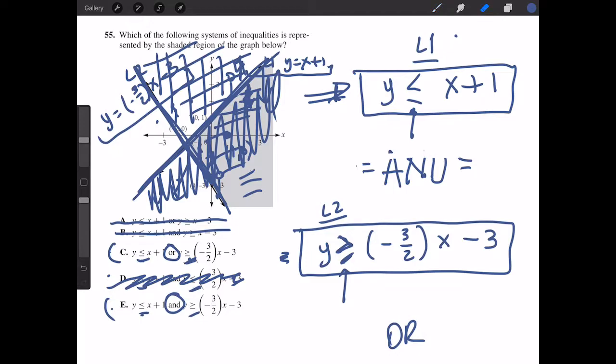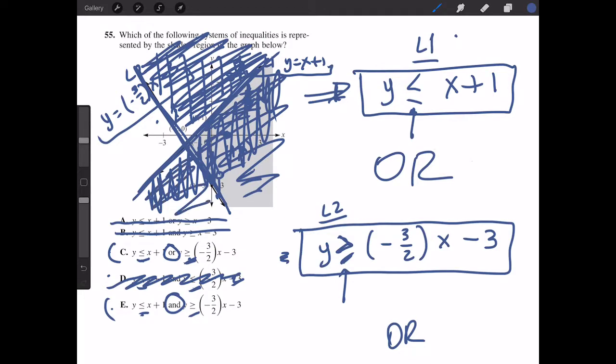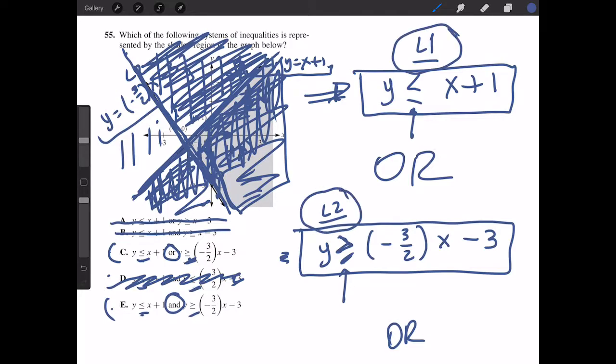So we would need to see everything under that line shaded. That means that if the OR option was correct, not the AND option, it would include any point here, here, and here. So that would be the graph that we would be seeing. A shaded region that would only exclude this region right here. But that's not what we're seeing. We're seeing only the region that is both part of this line's solution set and this line's solution set.